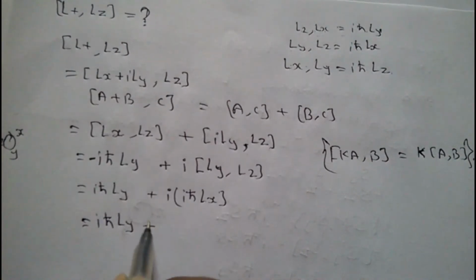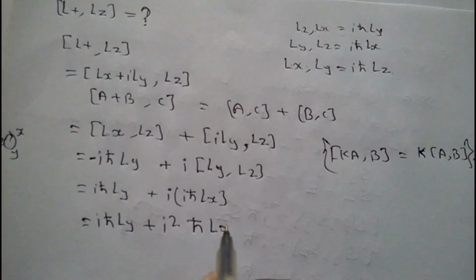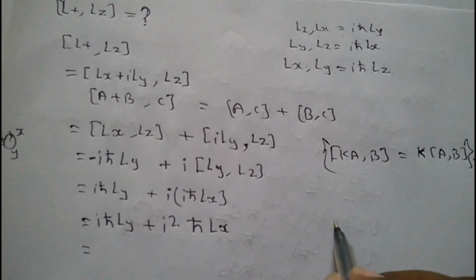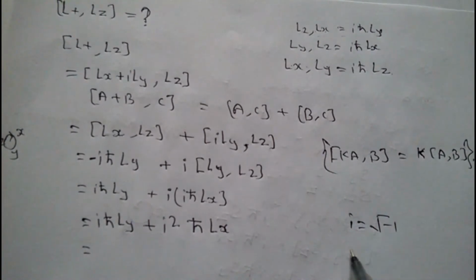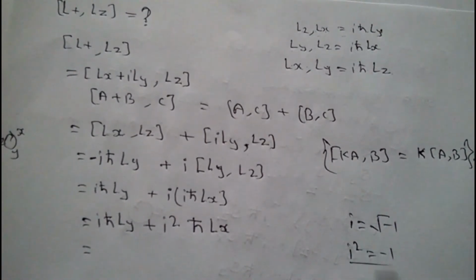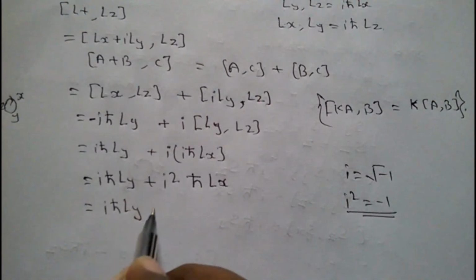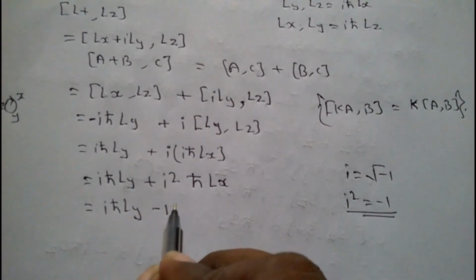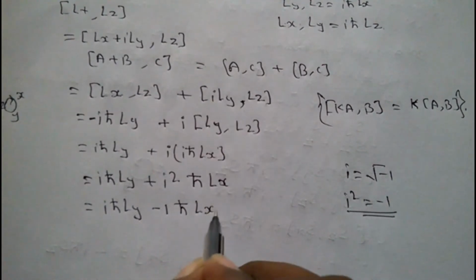This i will be i square h cross Lx, and we know that the i value is root minus 1 and i square is the value minus 1. So just substitute here: i h cross Ly minus 1 h cross Lx.